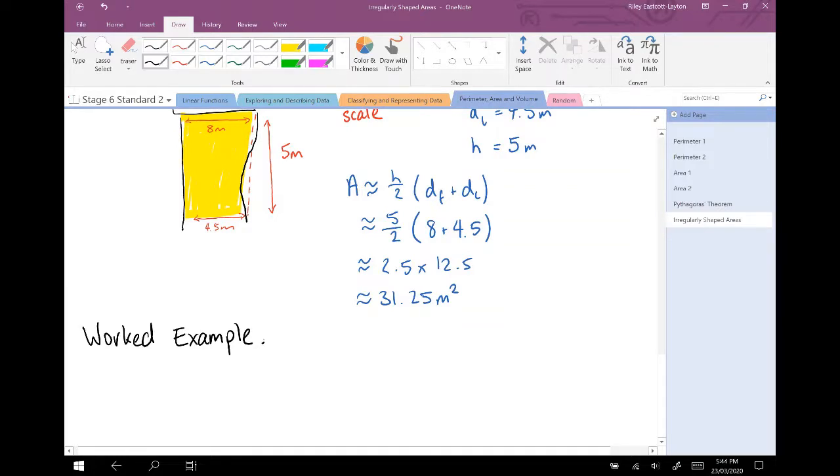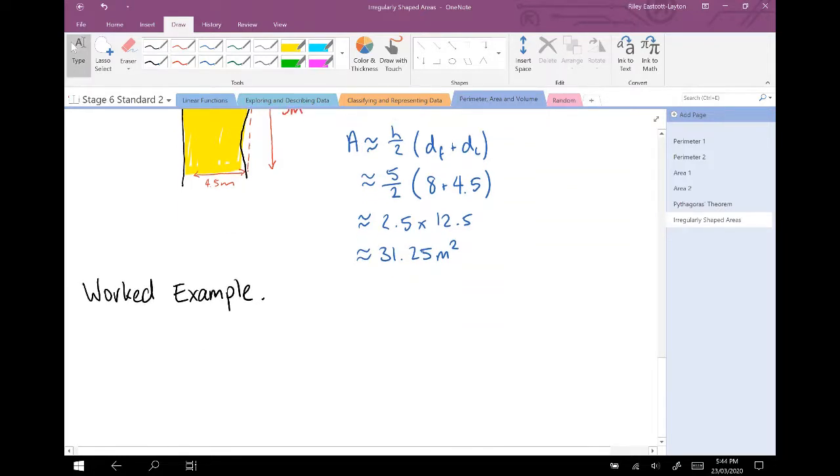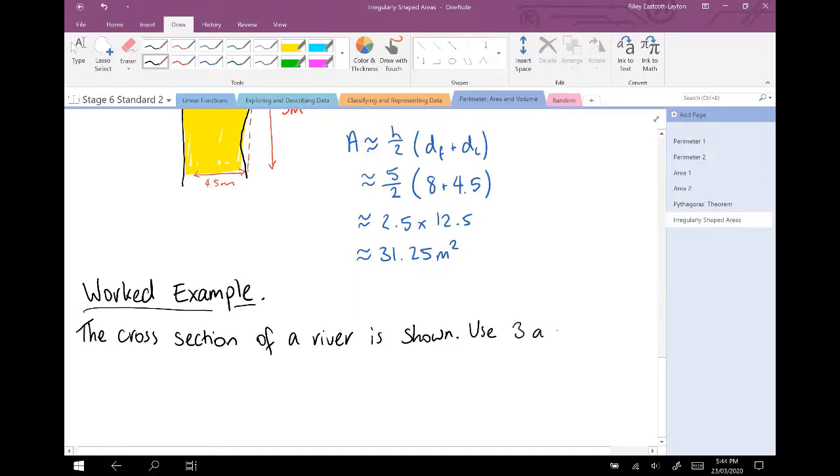We will have the cross section of a river is shown. And we're going to use 3 applications of the trapezoidal rule to find the approximate area.